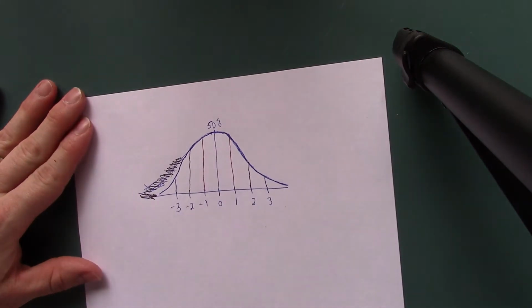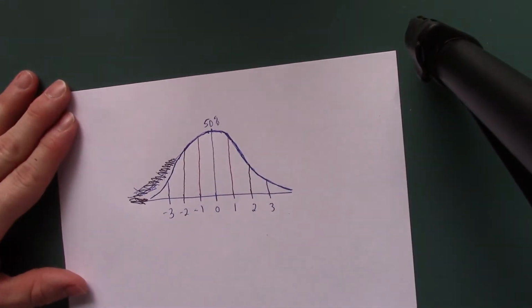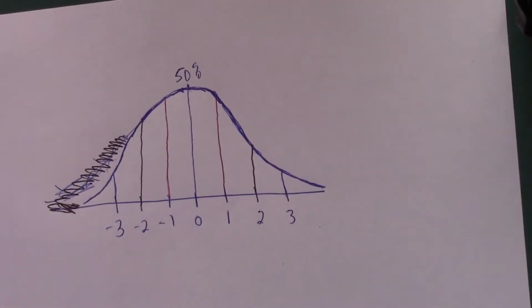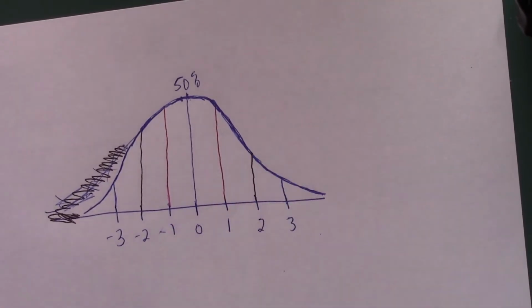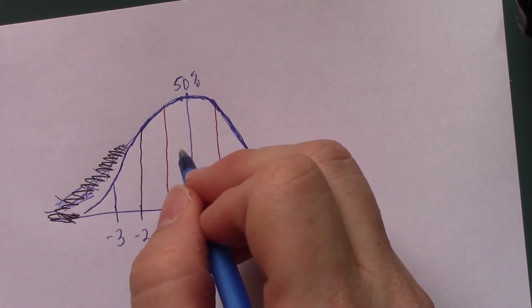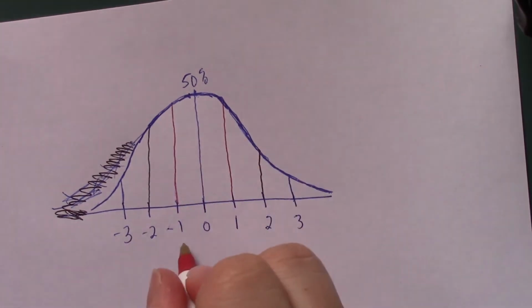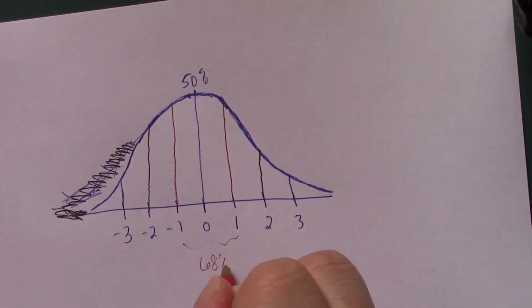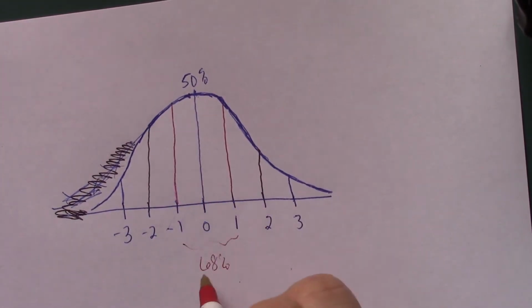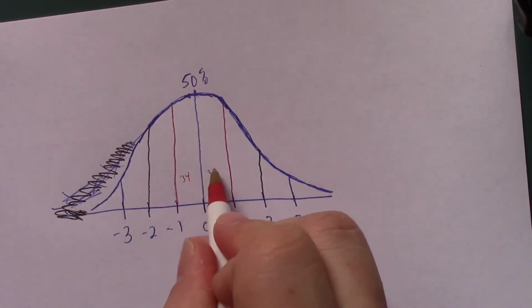In today's notes, if we just do this one easy thing, everything else becomes easy from here. I'm even going to try to zoom this in a little bit so you can see this. We know on this curve that 50% falls in the middle, because it's reflective. Now, what we also know is that within the reds, that is 68%. So when I split this in half, I get 34 here and 34 here.